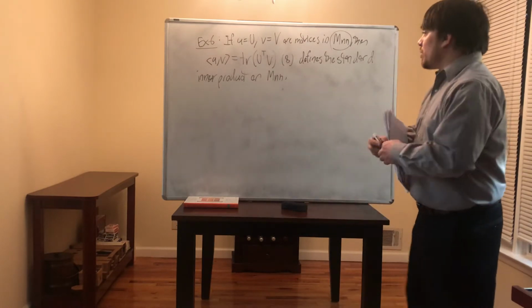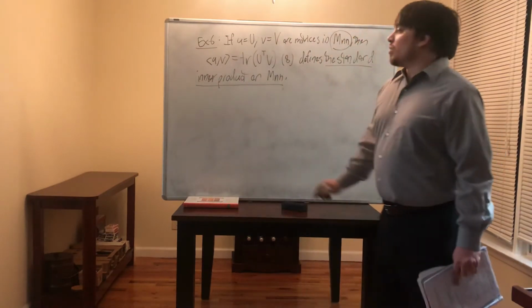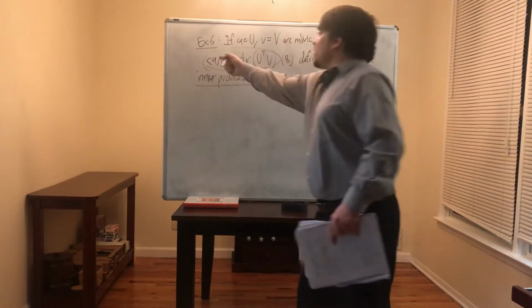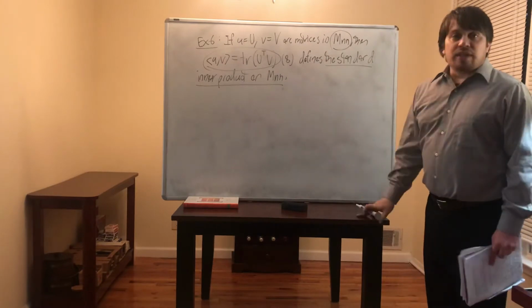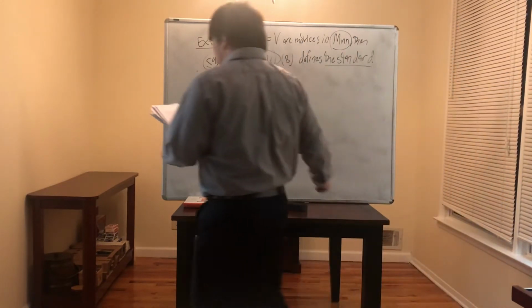Even though this looks like a weird function, it's actually very simple, and that's why it's the standard inner product on M sub n. I'll show you what I mean.